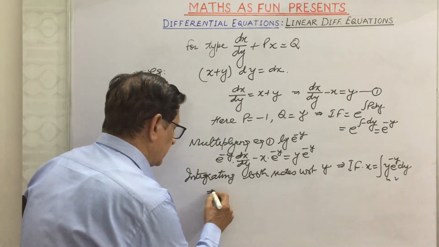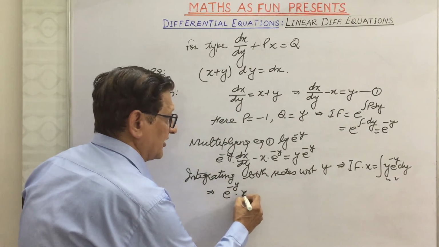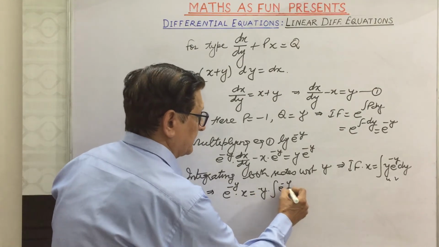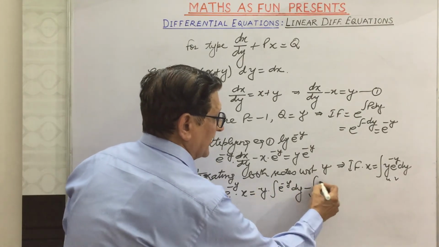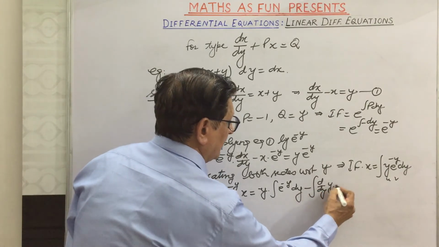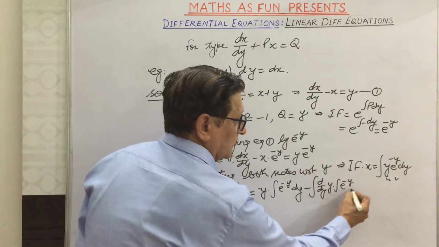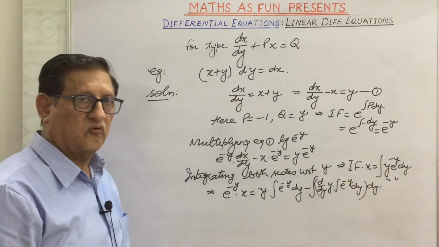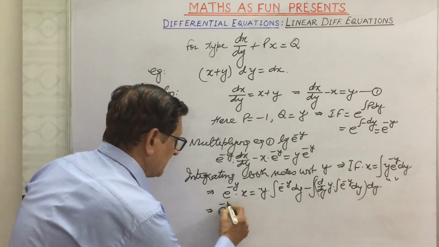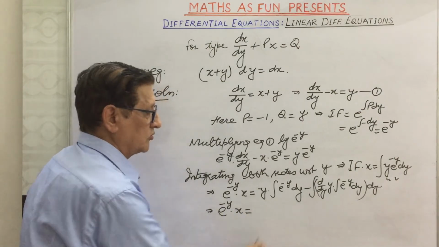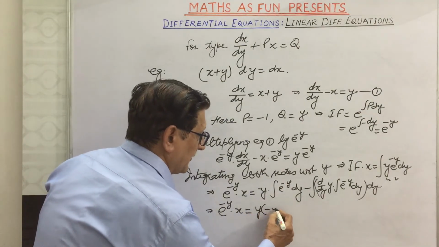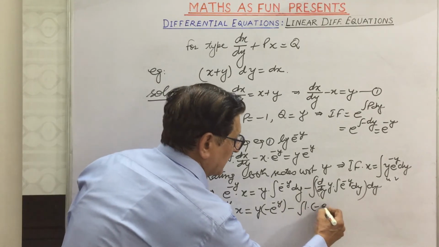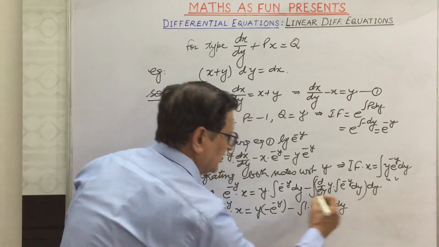So we find here this is e to the power minus y into x is equal to y into integral of e to the power minus y dy minus integral of d by dy of y into integral of e to the power minus y dy, whole dy, which is e to the power minus y into x is equal to, here it is y into minus e to the power minus y minus 1 into minus e to the power minus y dy.